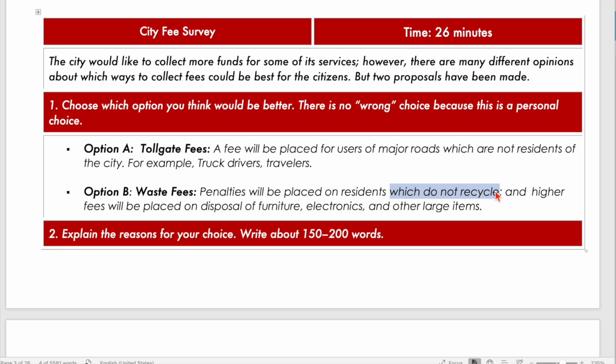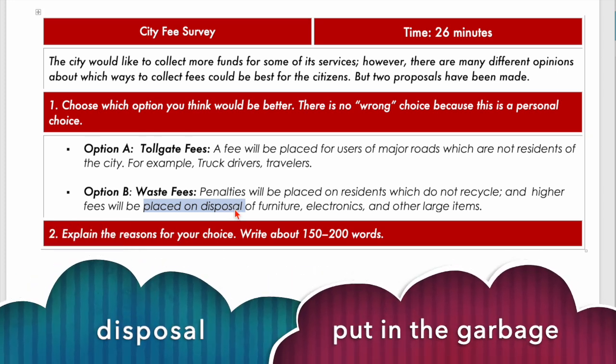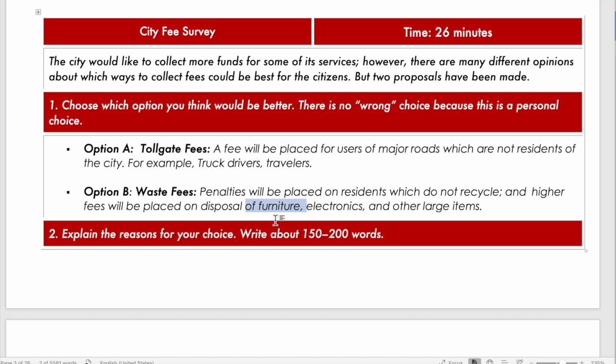Okay? And also, higher fees or more costs will be put on disposal of furniture. So when you throw out furniture, sofas, tables, electronics, and other large items, when you throw those in the garbage, you have to pay extra.